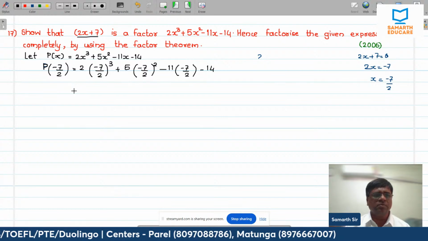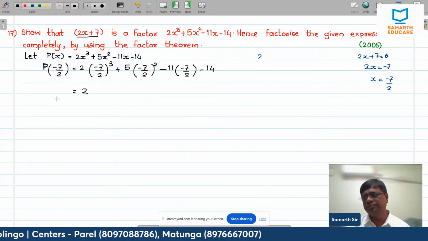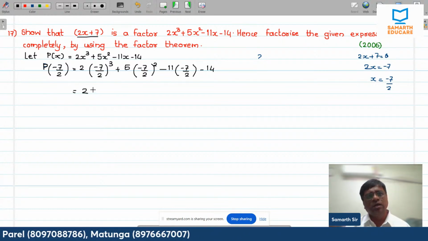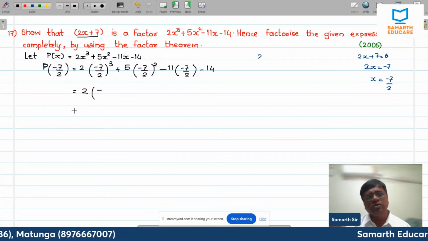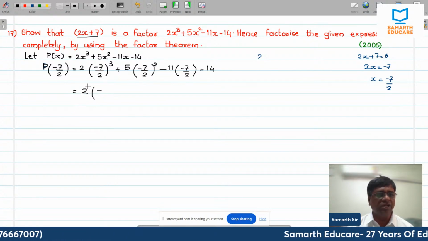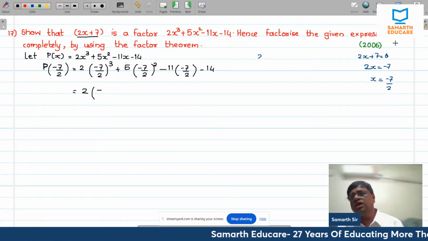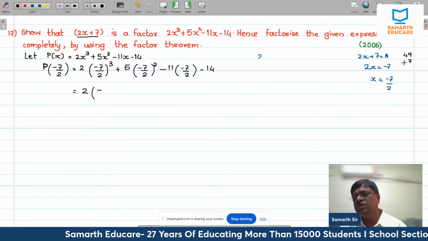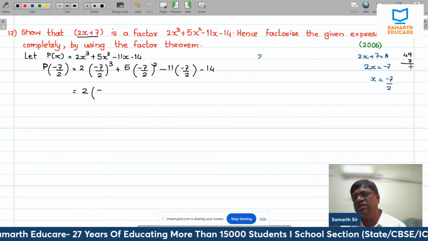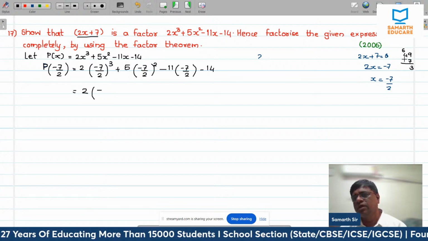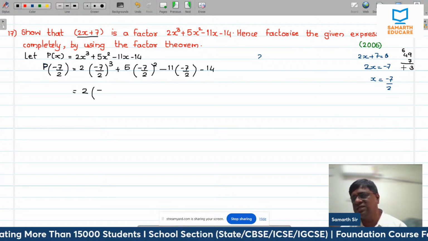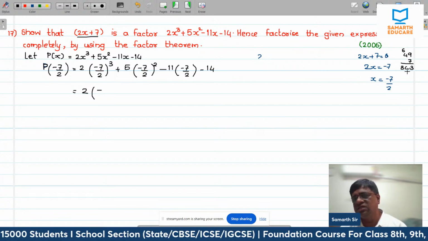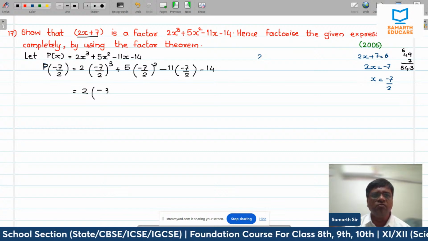All right, step by step. A negative term raised to an odd power will remain minus. 7 cube: 7 square I know is 49, and 49 has to be multiplied by 7 again. 7 nines are 63, 7 fours are 28 and 6, it is 343.